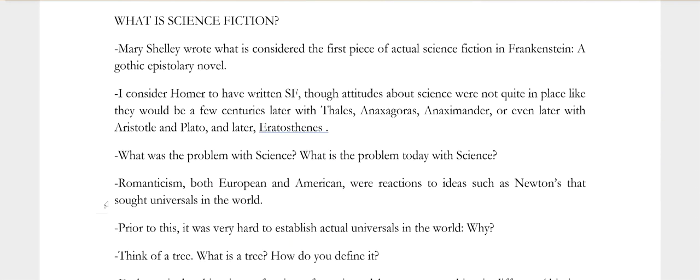Okay. So, when we think of science fiction or fantasy, we could say this. What is science fiction? Mary Shelley, the very famous wife of the famous romantic poet Percy Bysshe Shelley, wrote a book called Frankenstein, a Gothic epistolary novel. Epistolary simply means letters.